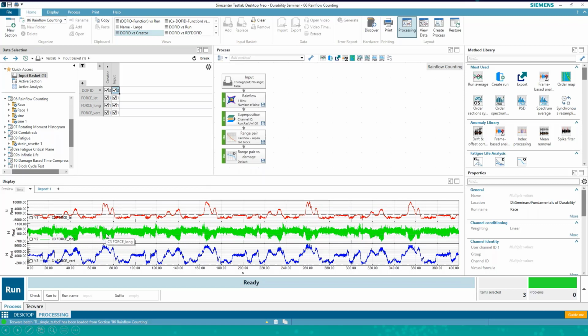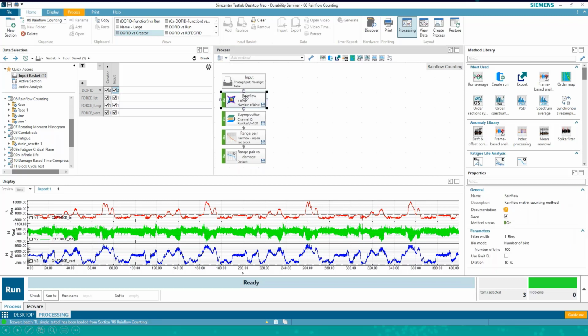So here what I'm going to do is take the input and calculate a rainflow matrix. I tell it the number of bins and a hysteresis filter, so my filter width is 1 bin. Then the superposition: usually I don't measure 1,000 laps around the track. I maybe measure 1, so this allows me to scale it.